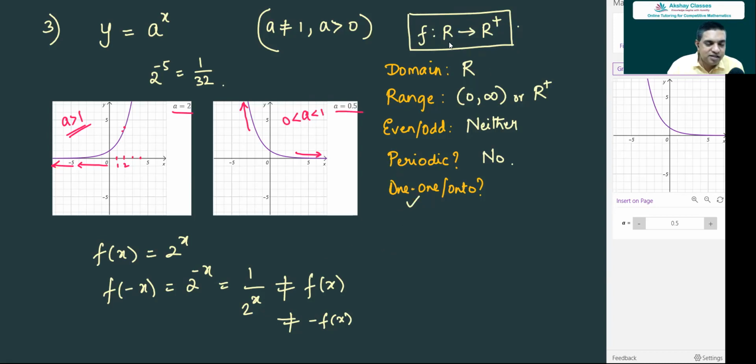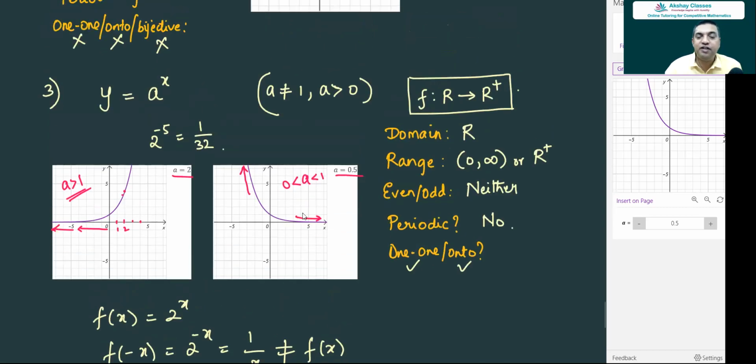Domain is R, codomain is R plus. Now tell me, what is the nature of this function? Now it's onto. Yes, good. It is both one-one and onto if this is our definition of the function.